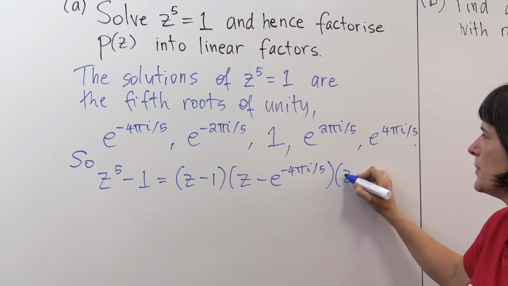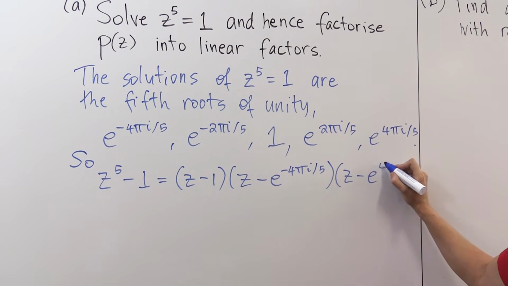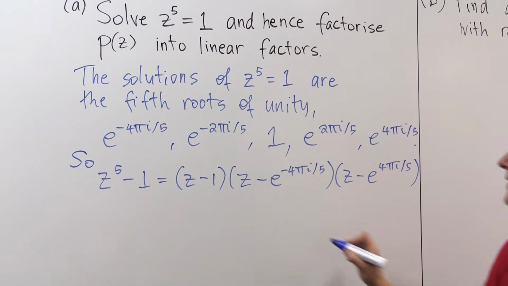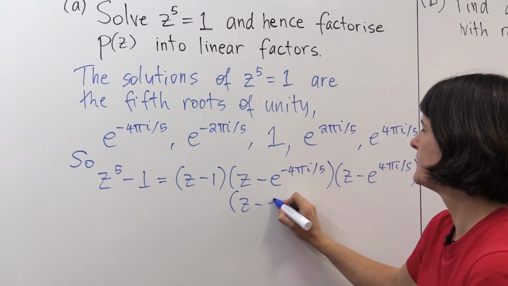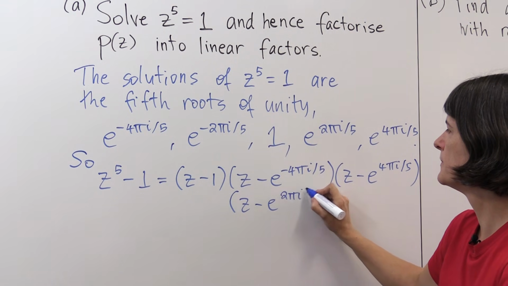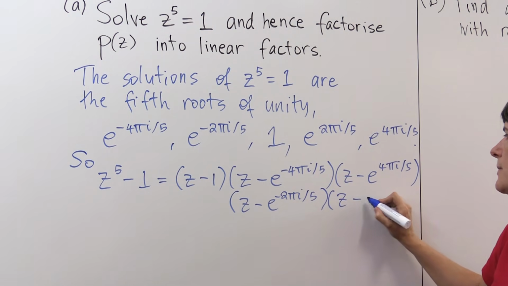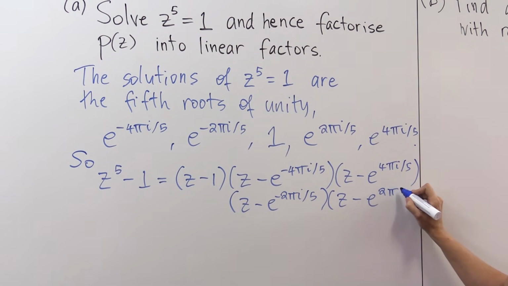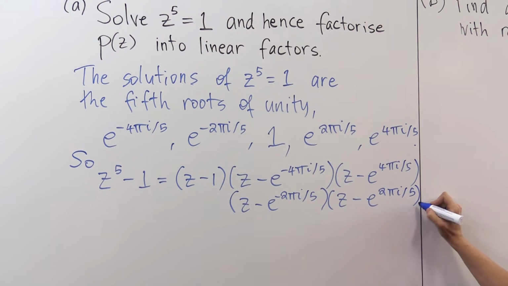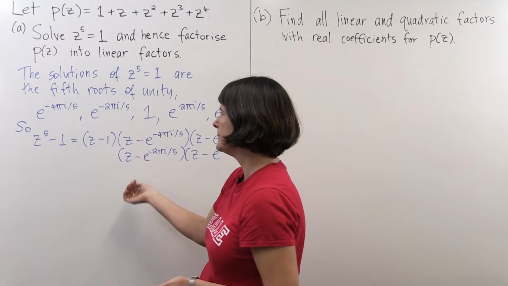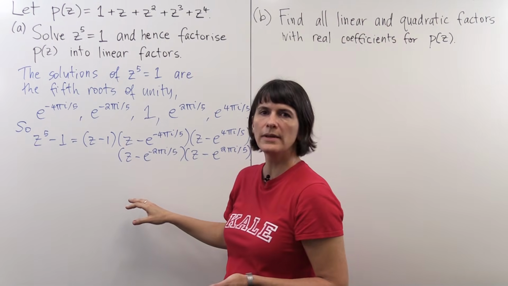And I'm going to group them in this way because I know what's coming next. Z minus e to the minus 2 pi i on 5, z minus e to the 2 pi i on 5, okay? Now, that's the solution of z to the fifth minus 1, factorised over the complex numbers.